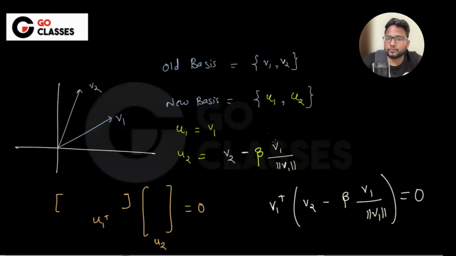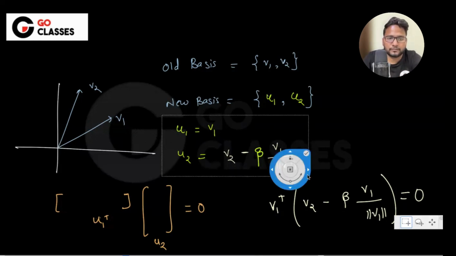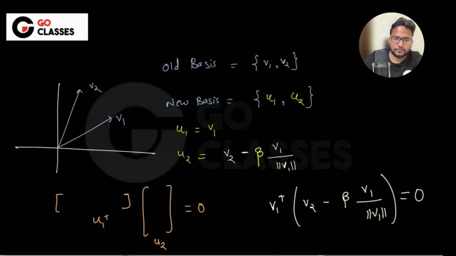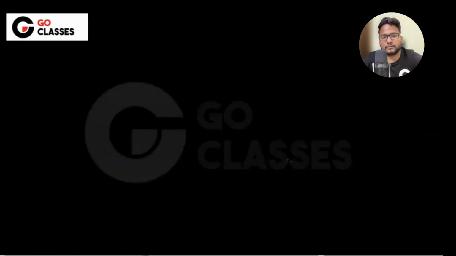So beta is coming out to be... what is the denominator? In which line are you asking? This one, right? Okay, let's just do one thing.